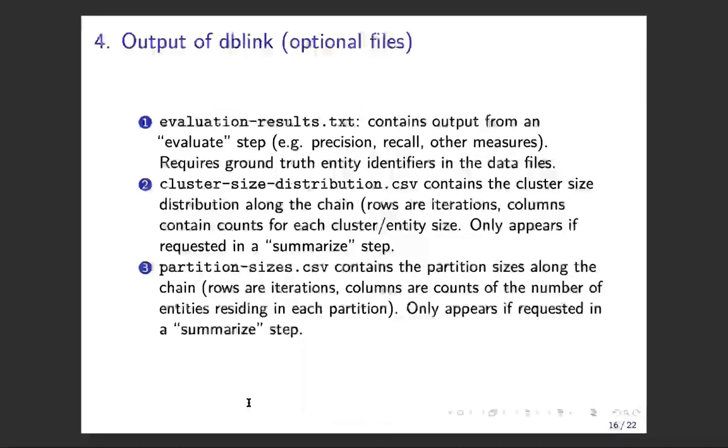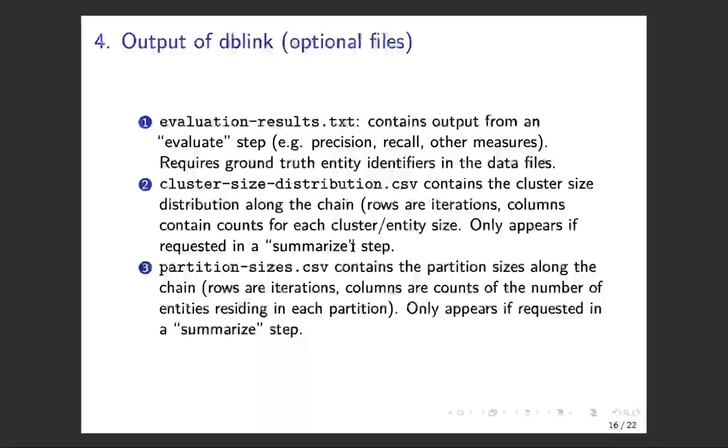The evaluation results have the pairwise precision metrics. There's the cluster size distribution file, which contains the cluster size distribution along the chain. The rows are the iterations and the columns contain the counts for each cluster or entity size. You have to request this in the summarize step if you want to get it.